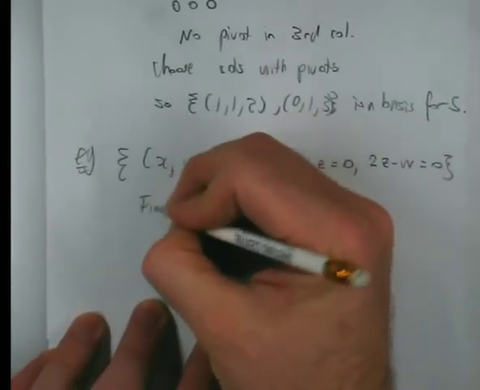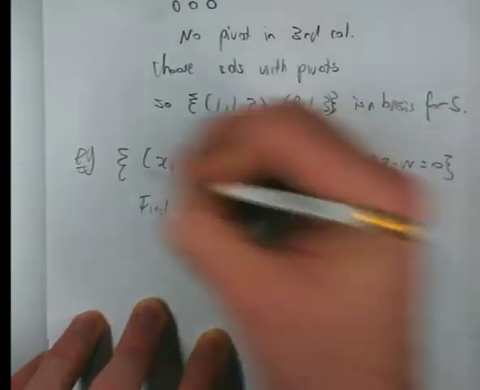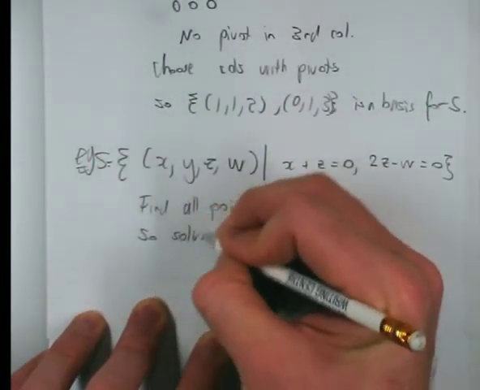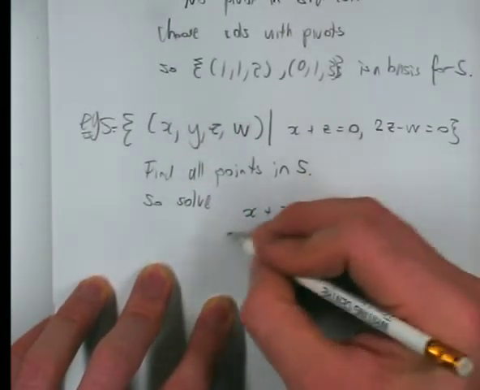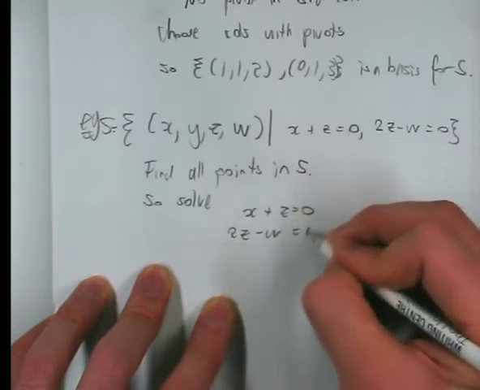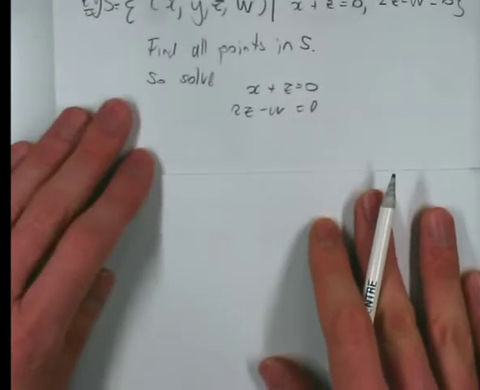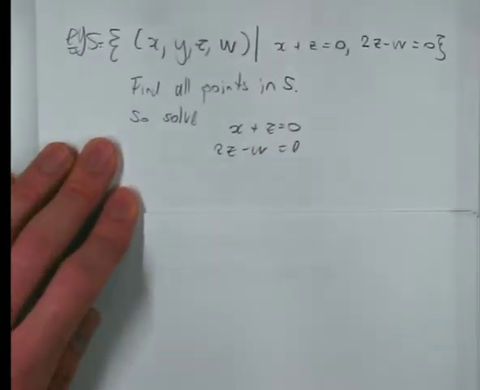I need to find all points in we call it S. In S. So we will solve X plus Z equals 0 and 2Z minus W equals 0. We will solve those. And that's how you always start. And this is how to convert something that's equations into something that's span.